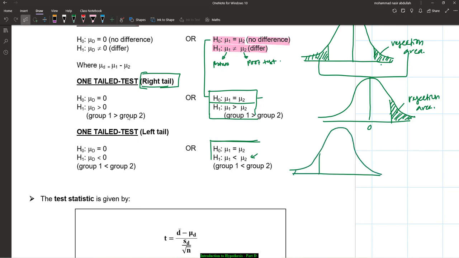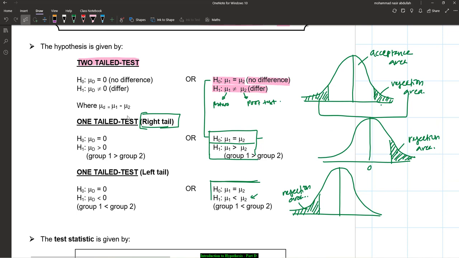The rejection area should be on the left hand side. So this is a rejection area. I think this is the most basic that we already learned previously many times, right? So to identify where the rejection region is, either on the left hand side or right hand side or both sides, right?